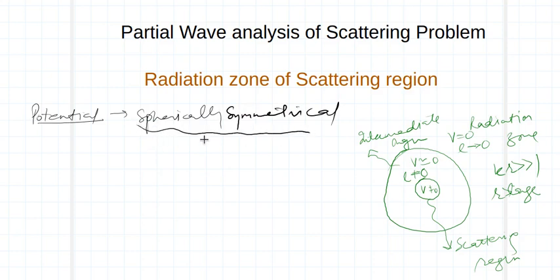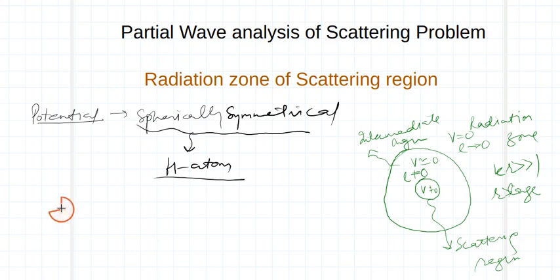And the spherically symmetrical potential we have seen for the problem of the hydrogen atom. And what do we do in the problem of the hydrogen atom? We chose a wave function and we try to find its solution, how the wave function looks like.